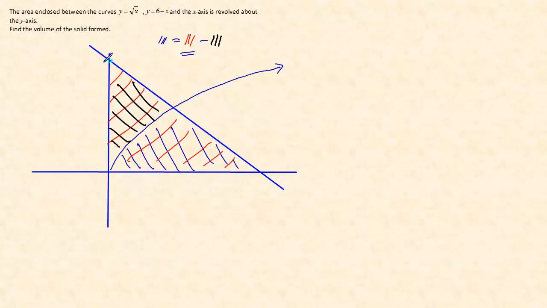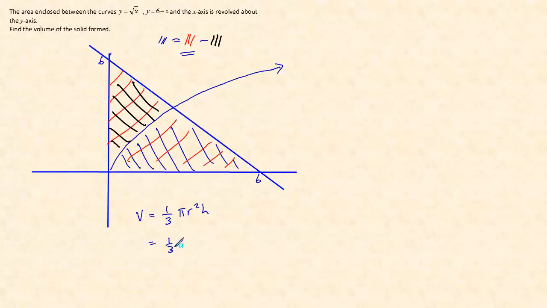So 6 minus x, this is 6, and the gradient's just -1, so this is going to be 6 as well. We can tell that because y is 0 when x is 6. So if we rotate this around, what we're going to have is a cone with radius 6 and height 6. So the volume of a cone is just 1/3 pi r squared h.